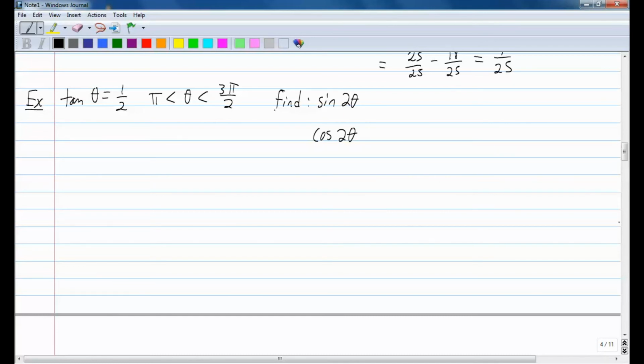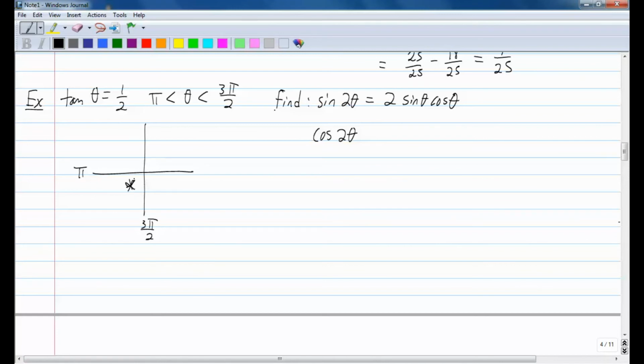All right, we only have one choice for a formula for the sine of 2 theta, and that is sine of 2 theta equals 2 sine of theta times cosine of theta. All right, where is theta located? Greater than pi, less than 3 pi over 2.